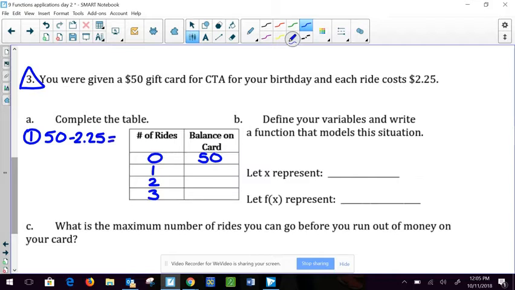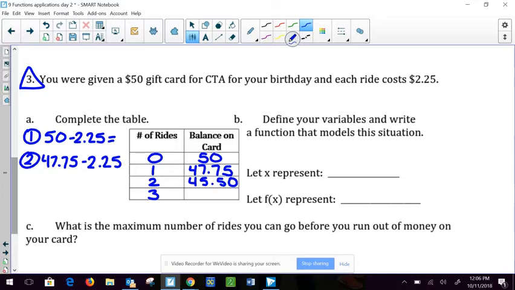So if we go ahead and subtract that out, you end up with $47.75. To figure out how much is left after 2 rides, we're going to start at that 47.75 and we're going to subtract another $2.25. When we subtract that out, we get $45.50.